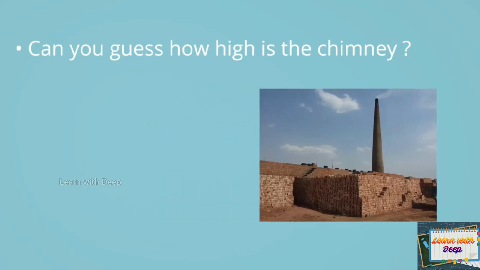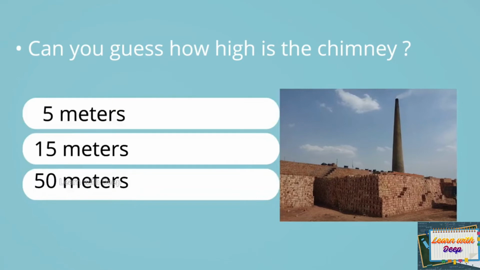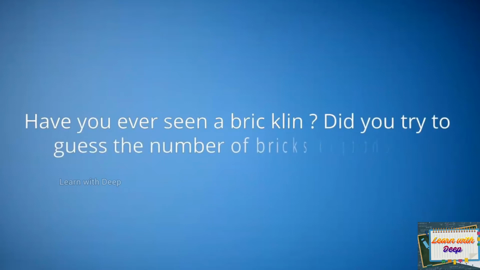Is it about 5 meters, about 15 meters, or about 50 meters? Yes, tell me. It will be around 50 meters. Have you ever seen a brick kiln? Did you try to guess the number of bricks kept there? Have you ever seen a kiln near your house or anywhere?